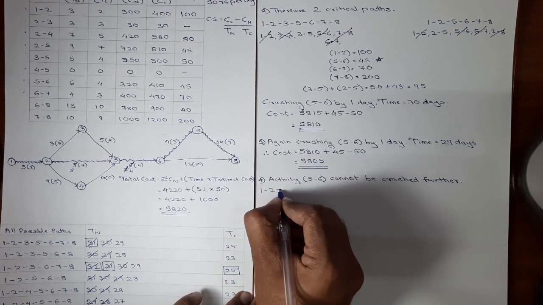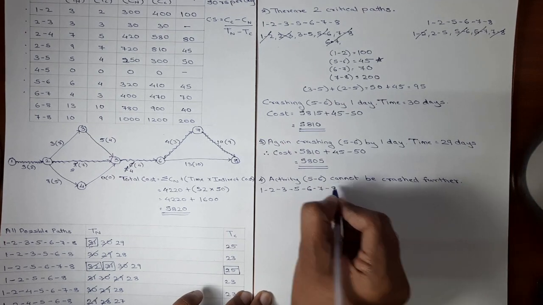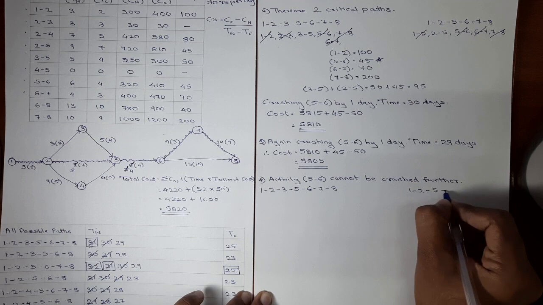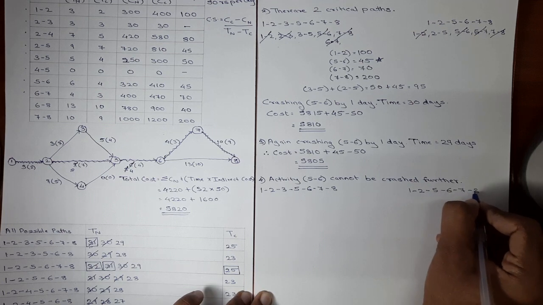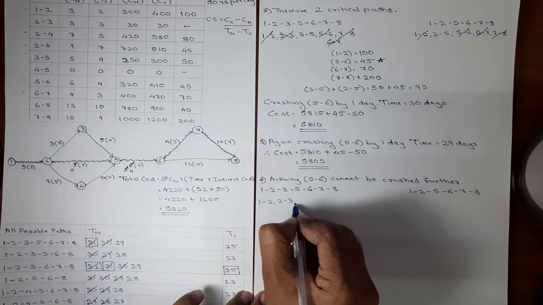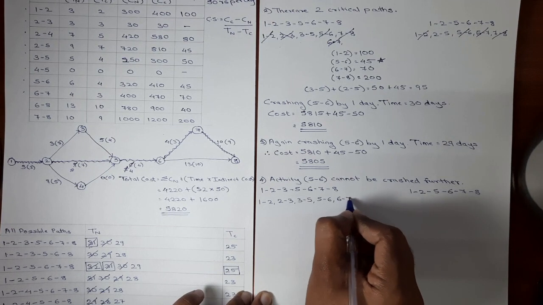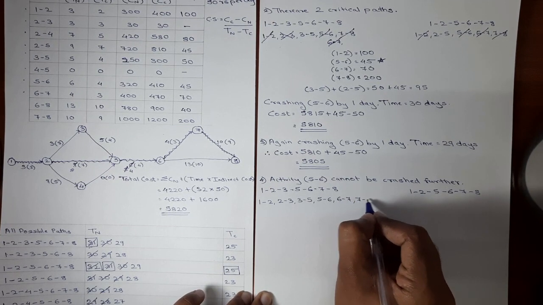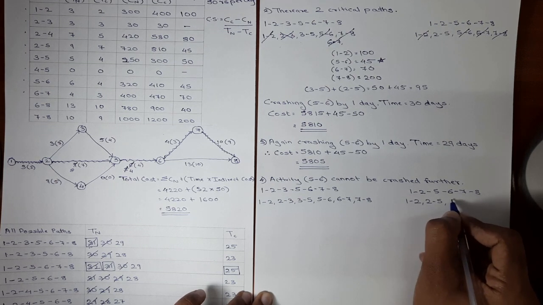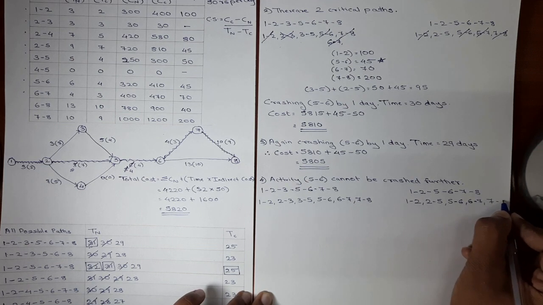I'll just note them down. 1, 2, 3, 5, 6, 7, 8, and 1, 2, 5, 6, 7, 8. I list out the independent activities 1, 2, 2, 3, 3, 5, 5, 6, 6, 7, 7, 8. And then we have 1, 2, 2, 5, 5, 6, 6, 7, 7, 8.